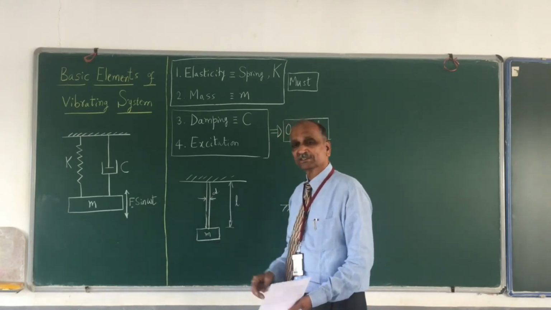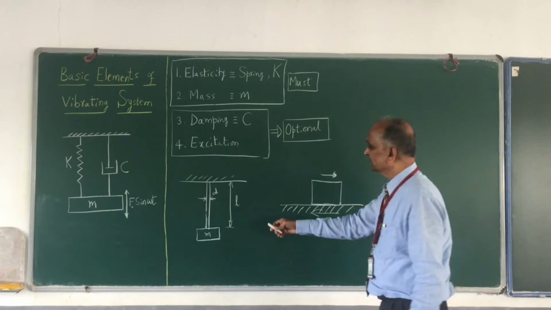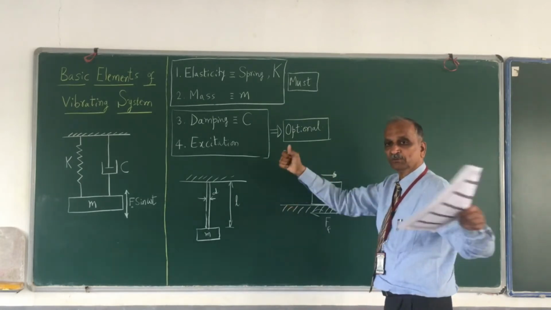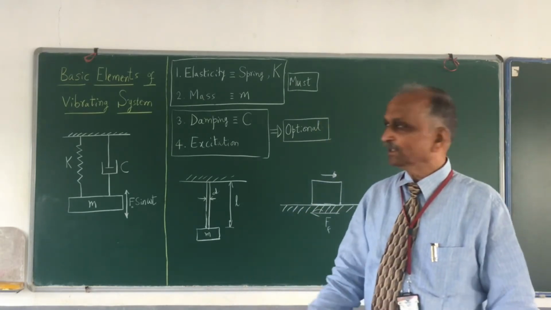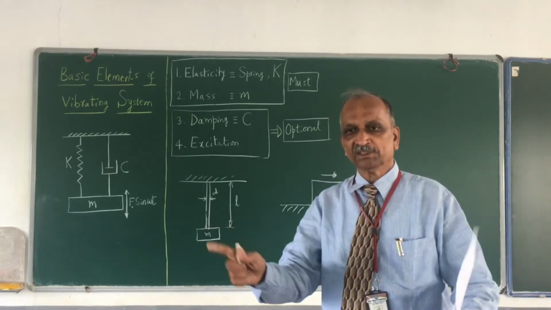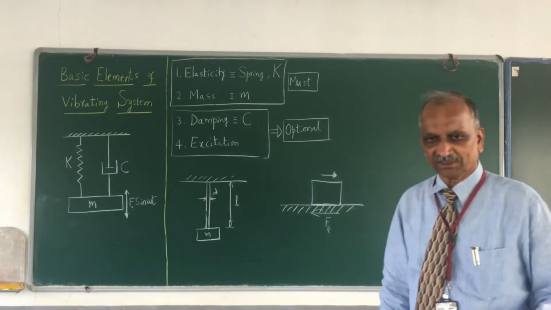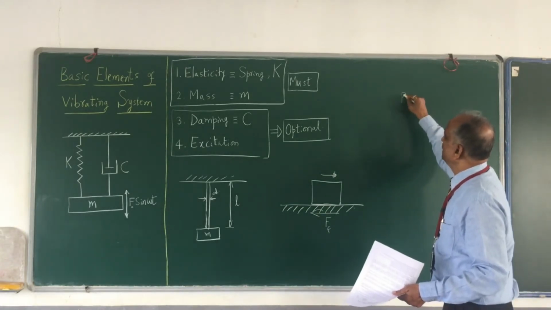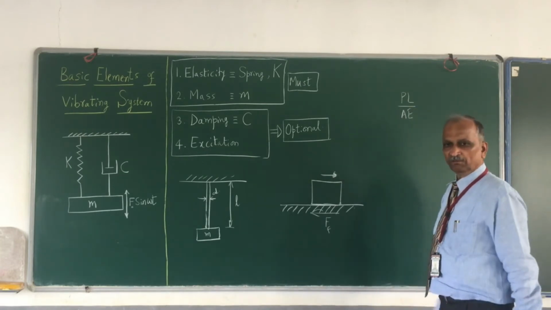So how to model this? As you know, if any bar is subjected to a tensile force P, and its length is L, A is its cross-sectional area, and E is the Young's modulus of elasticity, in the mechanics of materials you have found PL divided by AE.